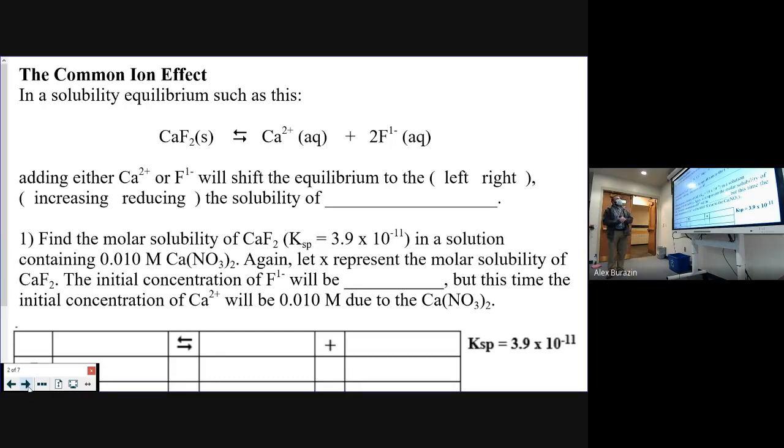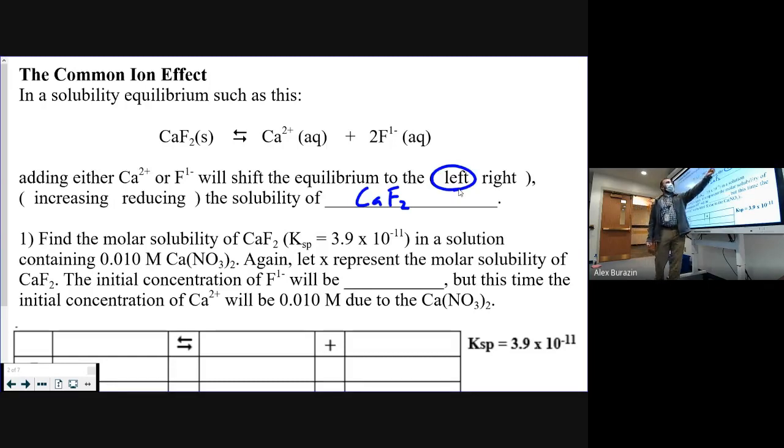Okay, so in a solubility equilibrium such as this, if I were to add either calcium ions or fluoride ions, which way would that shift the reaction? If I add either of these two things, I would shift left or right to reduce that stress. If I shift left, am I increasing or reducing the solubility of that substance? What's on the left side?